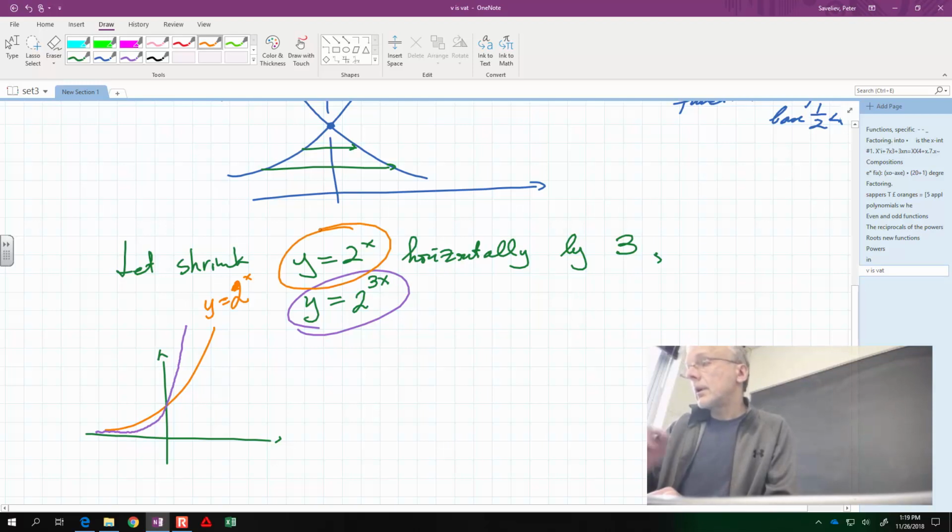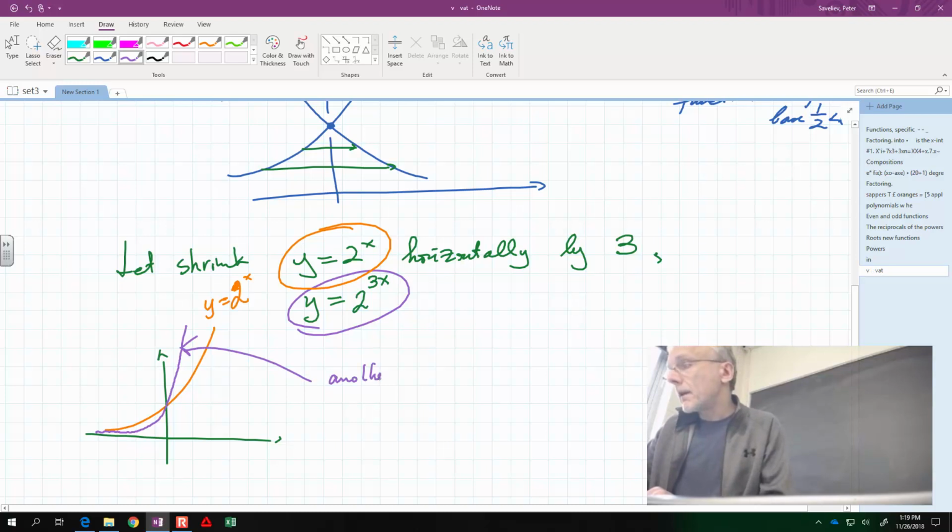You can already see that it has a similar graph. It looks like another exponential function. It has the same passing point.